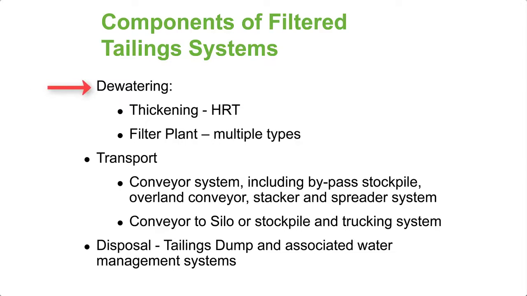So then if we look at a filtered tailings circuit, a typical setup in a plant, you've got to have a dewatering component that starts with a thickener, and that thickener underflow then feeds to the filter equipment itself. Obviously there's a range of filtration equipment, and I'm not going to talk around all the different types. I'll leave that to Multotec to explain, but you've obviously got disc filters, belt filters, and different types of filter presses.